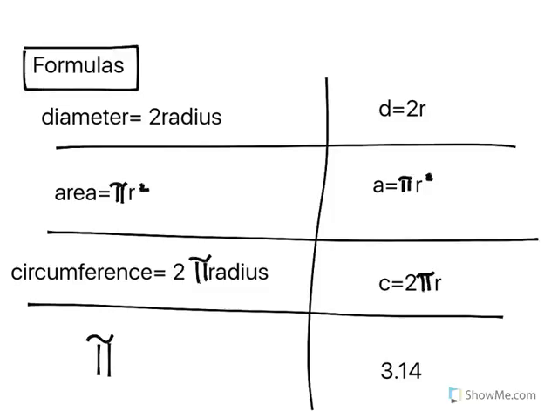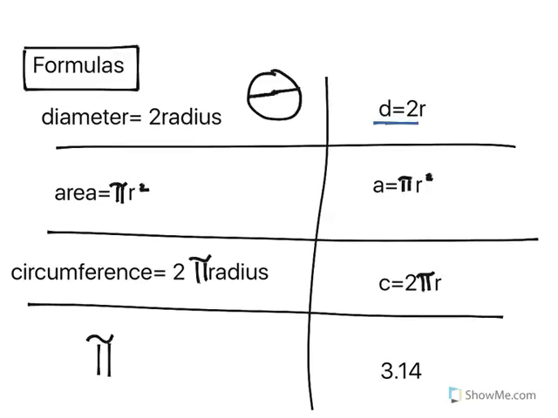Now, there are some formulas we can use in order to find parts of a circle. The diameter formula is 2 times the radius. So if you think about a circle, and this is the radius, it only makes sense that a diameter would be 2 times the radius, right? So this is the equation for diameter, 2 times the radius.